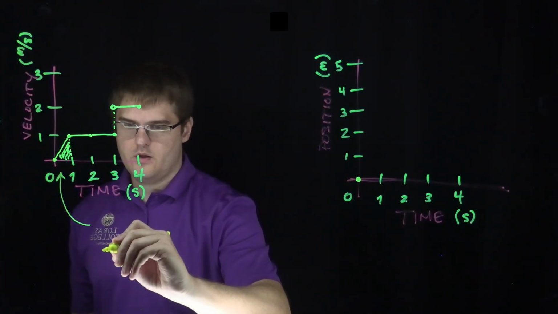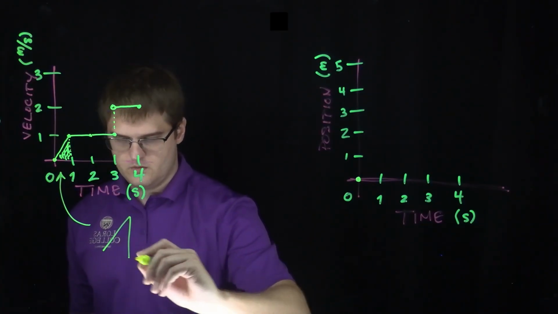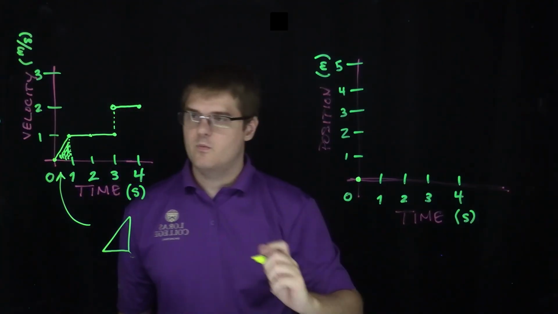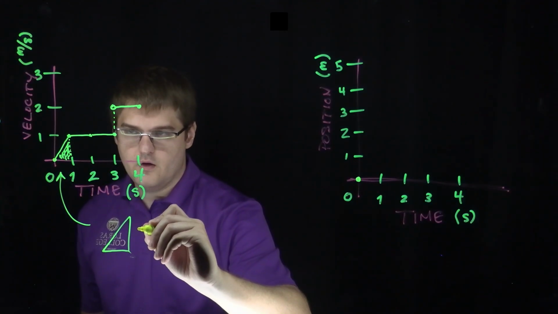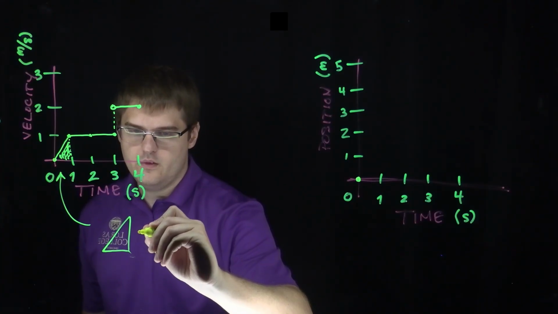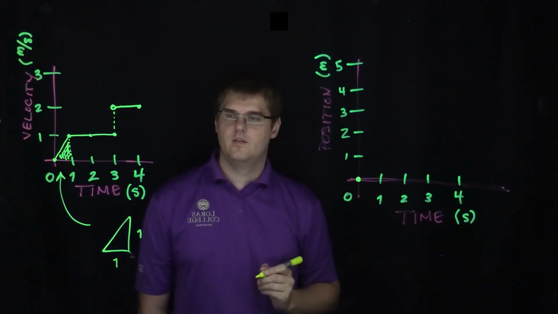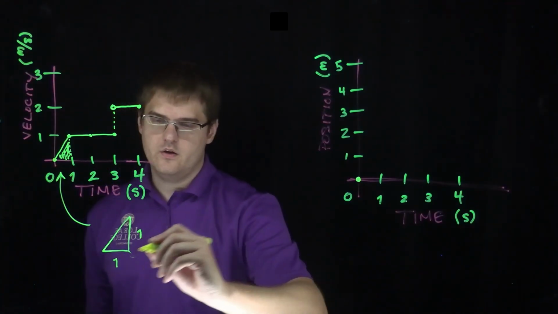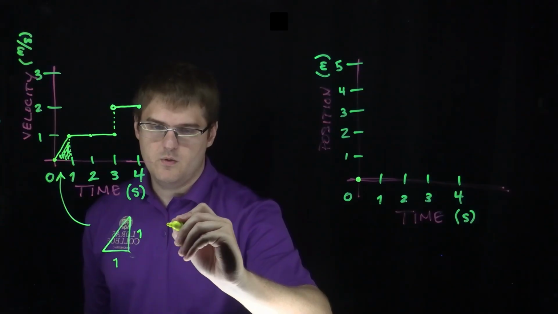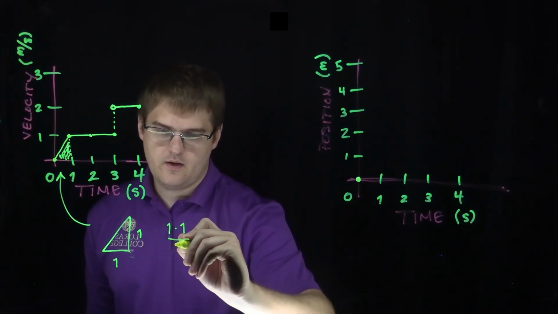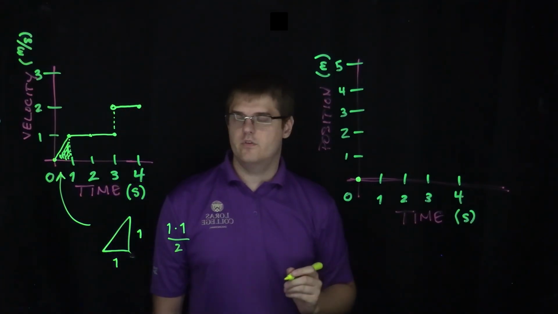So looking at the triangle, this is a bad triangle. We have a length of 1 here because we're going from 0 to 1. And we have a length of 1 here. Area of a triangle is going to be 1 times 1 and half of that, because it's half of the area of the full square.